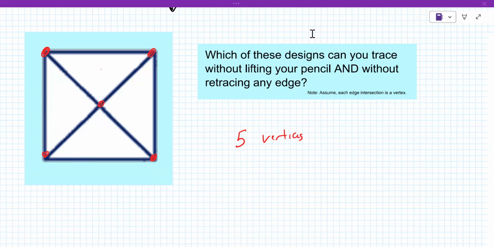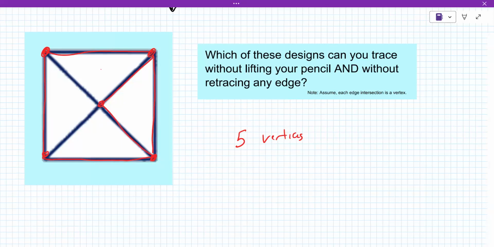I don't really remember. Well, I know it's hard, but can you trace this? Can you go there, there, there, and now what? Like you're kind of stuck. Yeah, I don't think you can trace it.